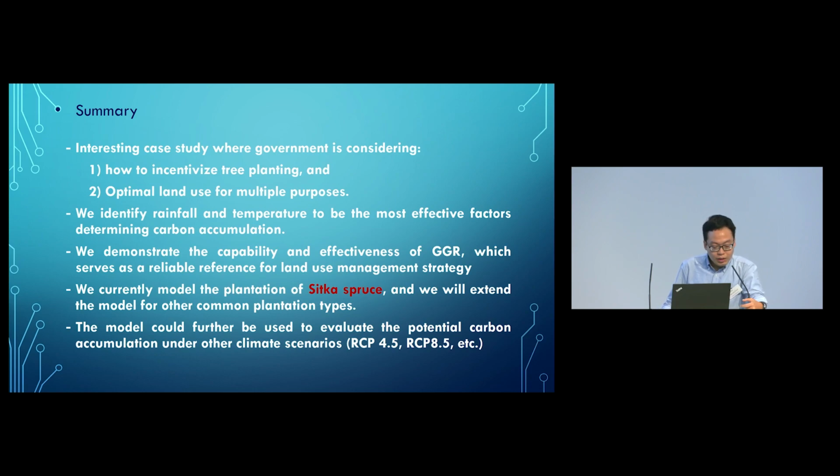And the model could further be used to evaluate the potential carbon accumulation under other climate scenarios. If the situation gets worse, we can model the potential carbon impact on RCP 4.5 or 8.5, etc. Yeah, this is today's presentation. Thank you for your attention.